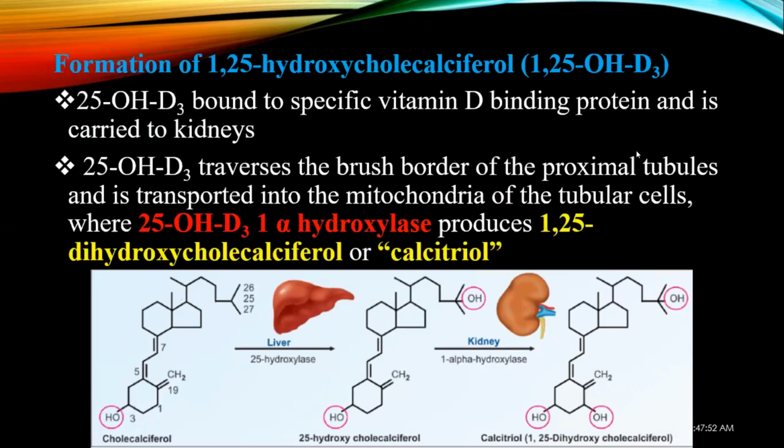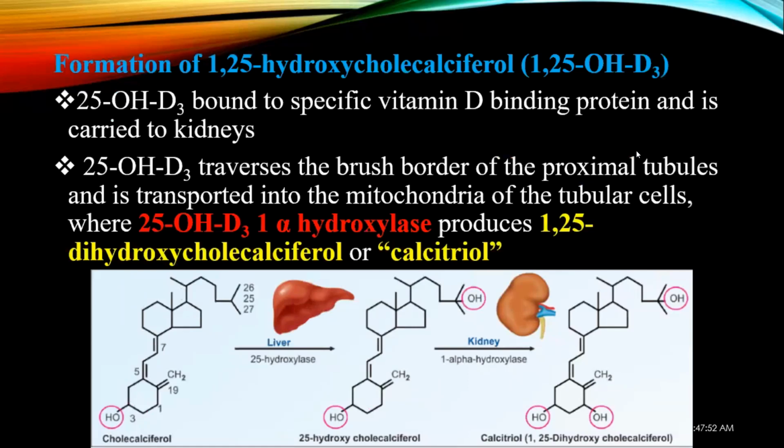and in this form it is carried to the kidney. So this 25 hydroxy cholecalciferol bound to the specific vitamin D binding protein is carried to the kidney. It enters the renal tubules via glomerular filtration, the glomerulus, and in the proximal tubules, this 25 hydroxy cholecalciferol is reabsorbed and transported into the mitochondria of the tubular cell, where another enzyme, with the simple name 1 alpha hydroxylase, acts.